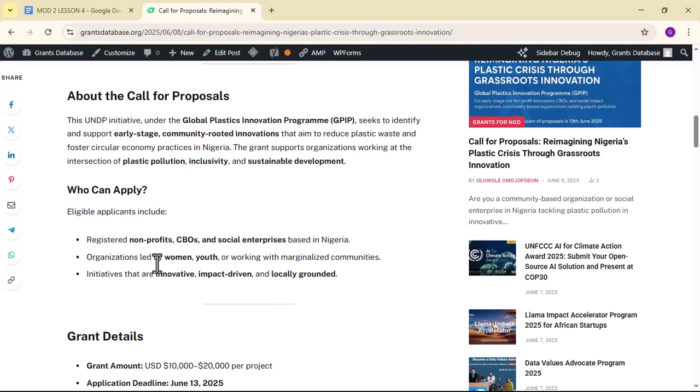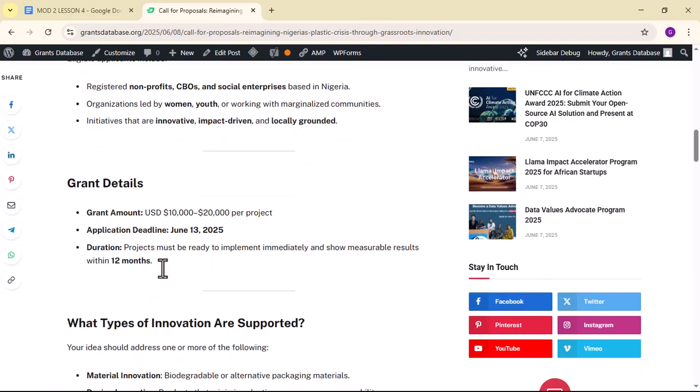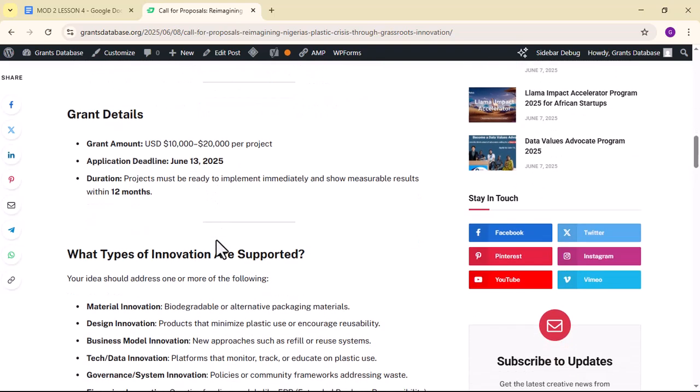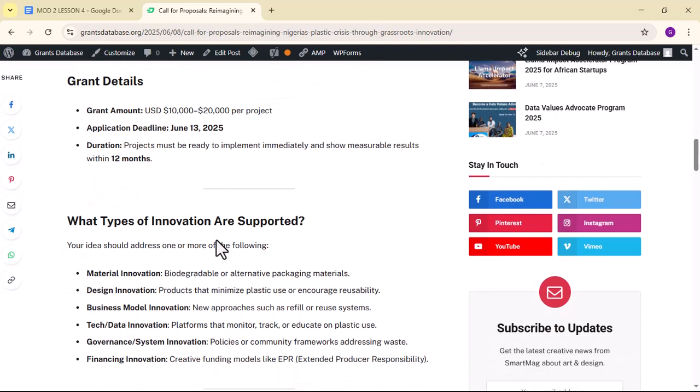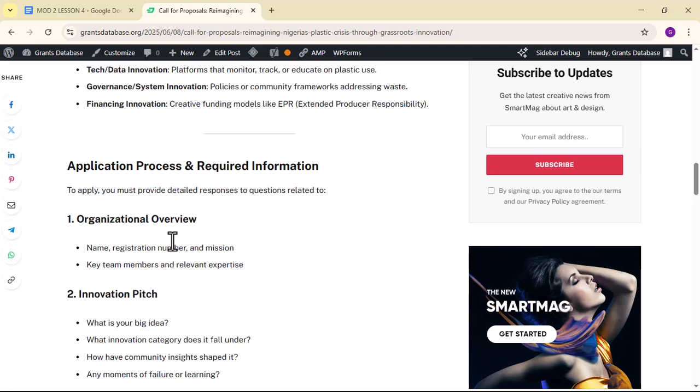You are getting it. Now, the grant details: the amount ranges from $10,000 to $20,000. The application deadline is June 13, 2025. And there are the types of innovation that are supported.